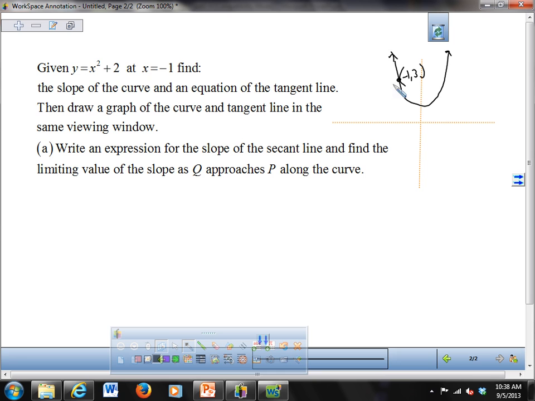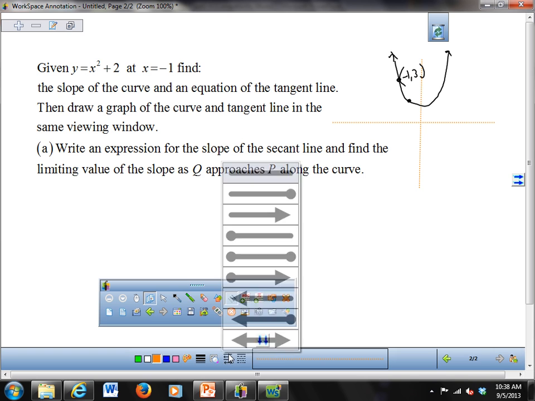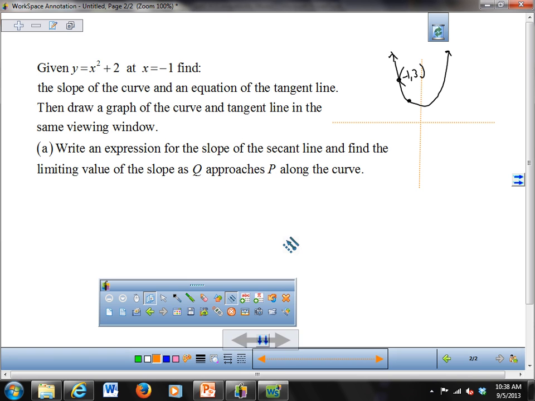And I want to go a bit ahead of that point. So say I go to this point right here, and the first thing I'm going to do is draw a line with the arrows on the end. I'm going to draw a line through these points.